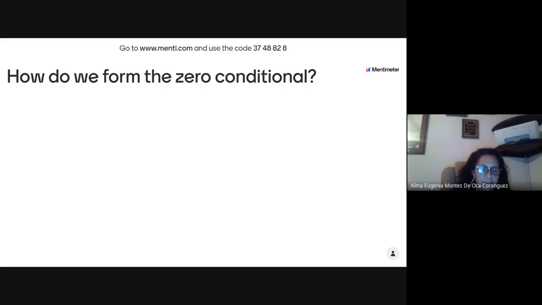With two sentences in simple present. We need two sentences, simple present.